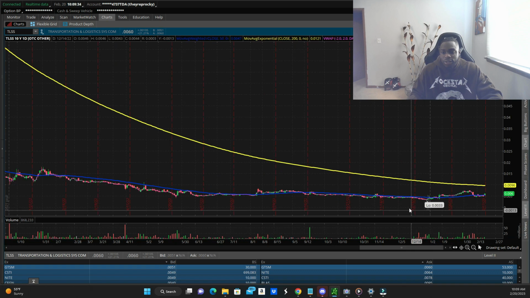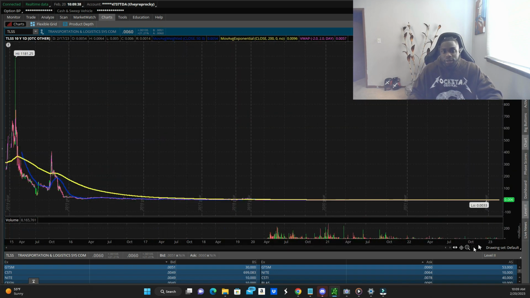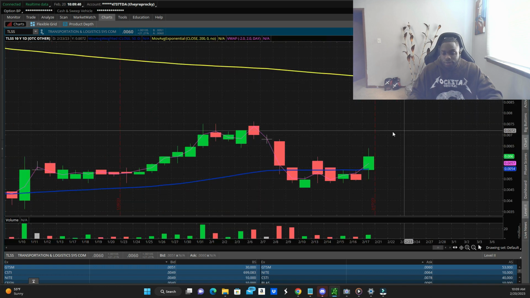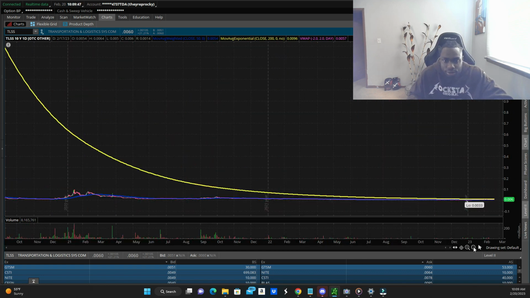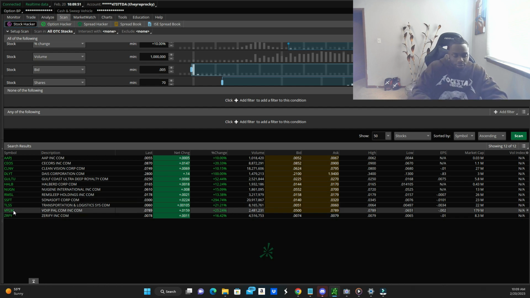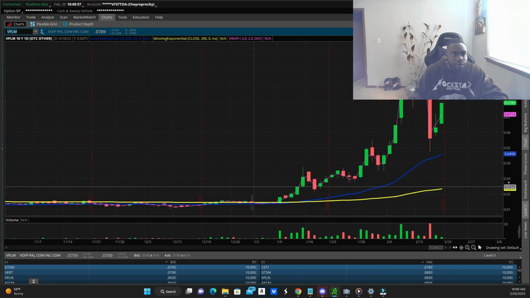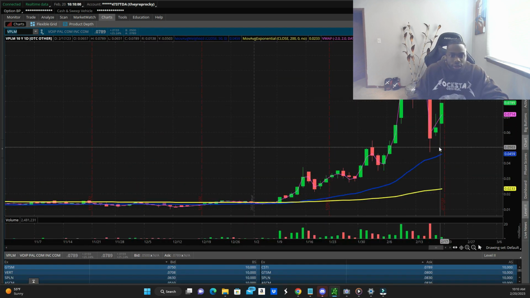TLSS was a former runner. Not trading too much volume, but I just want to pay attention to it if it gets over 0.07775, but it's something I'm not interested in going into tomorrow. And then this one's been running for a while, VPLM. Just want to see what it is doing. It's finally starting to bounce, but no trade is there. So, avoid.